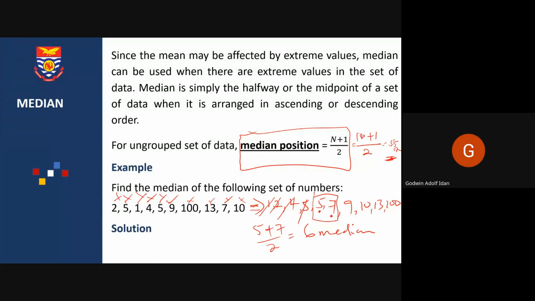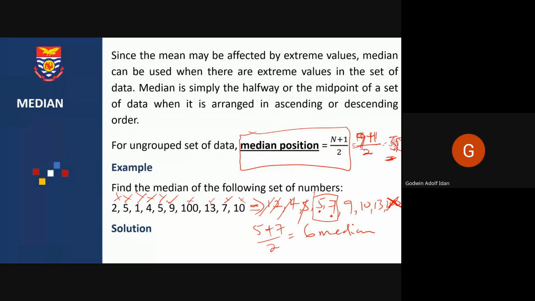You can also have this illustration. Let's assume that the 100 is not part of the data. So when we are rearranging, this is not part. Let's assume this is off, and then we are left with 9 observations. So we are going to have 9 plus 1 divided by 2. Here, our median is going to be on the 5th position.